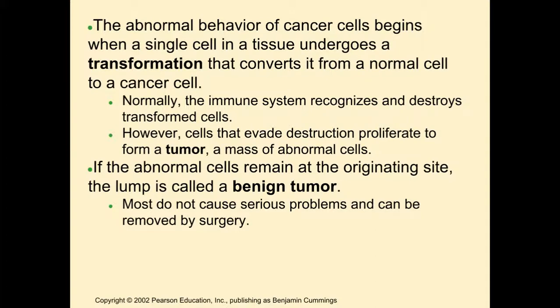But if they avoid being destroyed, they become a tumor, which is bad. Tumors are a big mass of abnormal cells. If they stay at the original site in a clump, it's kind of okay. They're called a benign tumor, and benign means not damaging, basically.